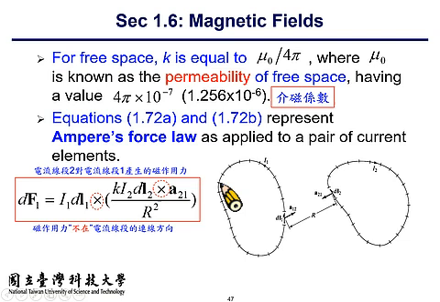First, DL2 cross A21 is pointing this way, then DL1 cross here is pointing to the right, right? So DF1 is pointing to the right, which is neither in parallel with A21 nor perpendicular to A21.